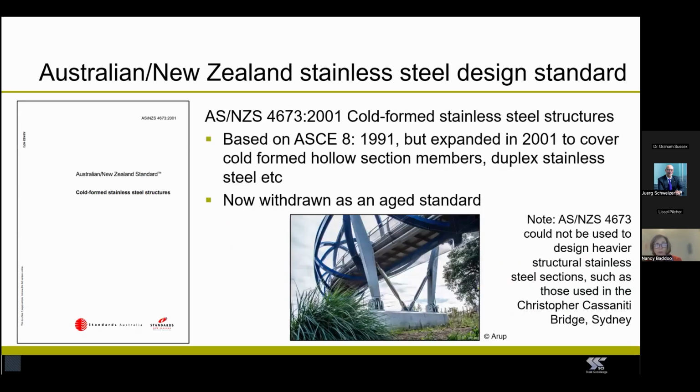I just wanted to point out that this is a standard for cold-formed stainless steel structures. So you wouldn't be using it to design heavier welded structures, for example, the bridge I showed you earlier on.